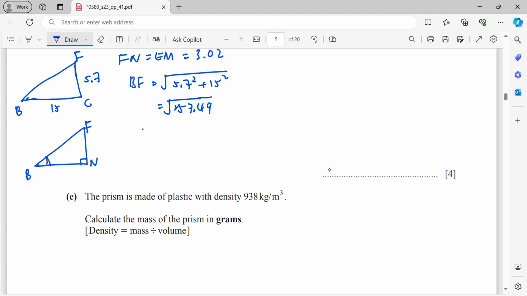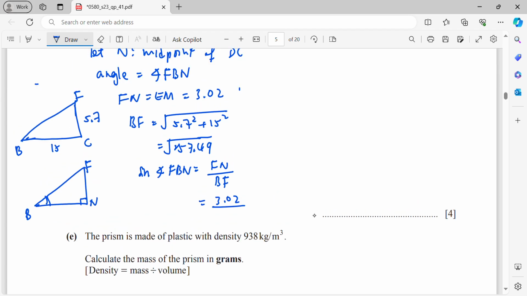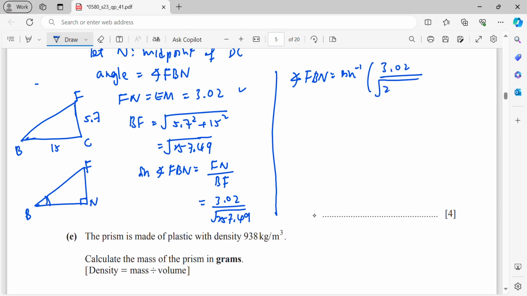So sine of angle FBN equals FN over BF. FN is basically 3.02, which we have found, over the square root. I just write the square root because I don't want to round up so many times. Then my angle FBN will be the inverse sine of 3.02 over the square root.